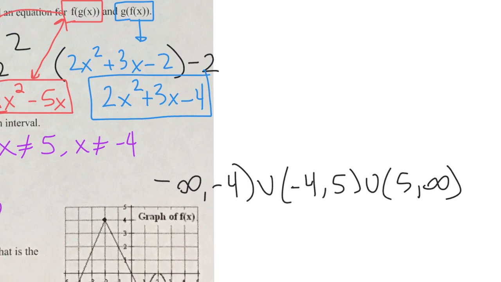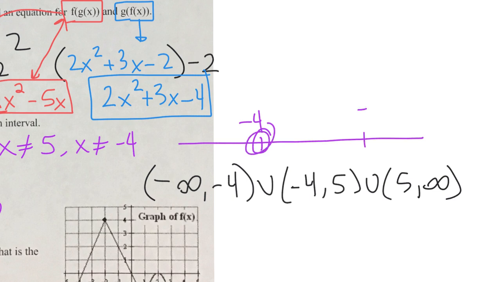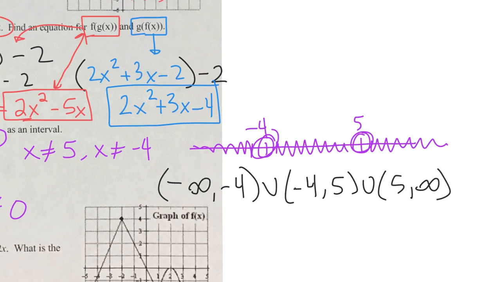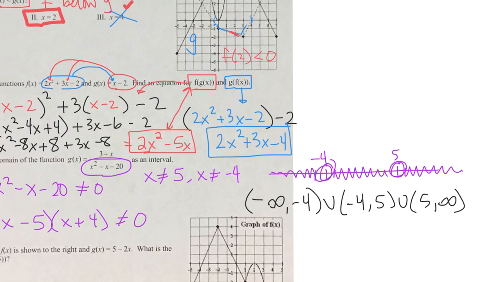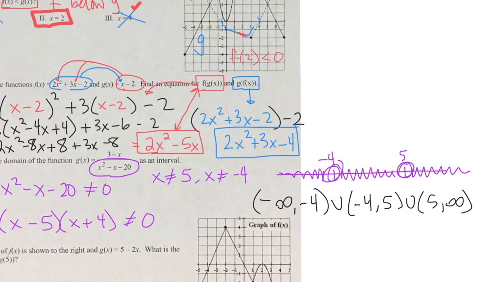So these are the 3 different intervals that we're going to have when we exclude negative 4 and positive 5 from your answer. So we have everything else except for negative 4 and positive 5. Okay, so we have 2 exclusions, which means we have 3 intervals to talk about. 2 exclusions, 3 intervals.